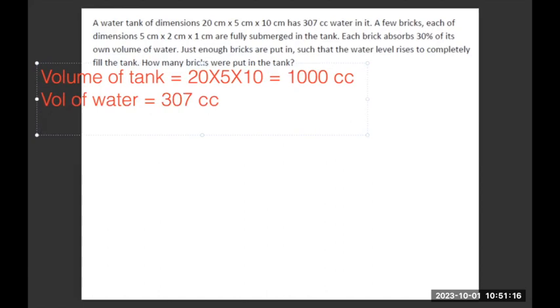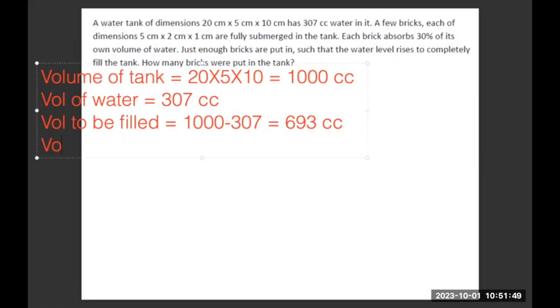The remaining volume which is left to be filled, I'm writing volume to be filled in tank, of course, is 1000 minus 307, which will equal to 693 cc. Okay, I have found so far the volume which is required to be filled with water in order for the tank to be filled, in order for the water level to rise completely.